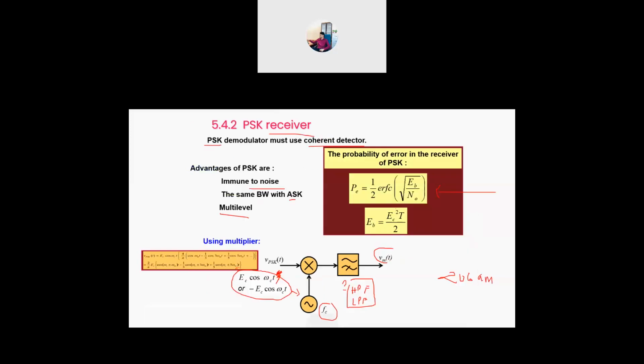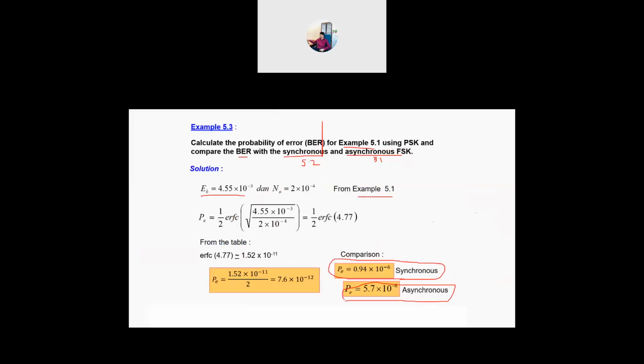With Eb equal to Ec squared times T over 2, you see here, Ec squared times T over 2. So the argument of the error function equals 4.55 times 10 to the power of -3 over 2 times 10 to the power of -4.